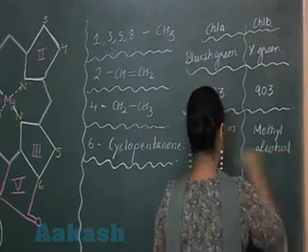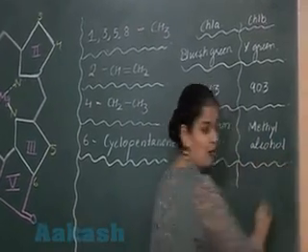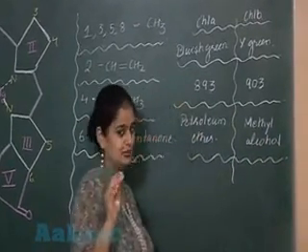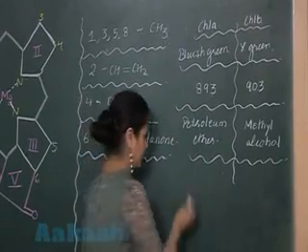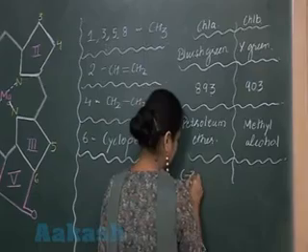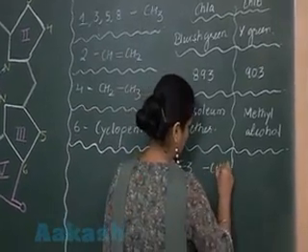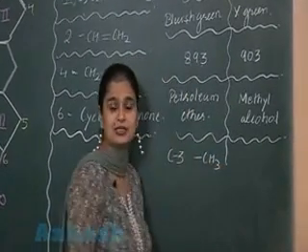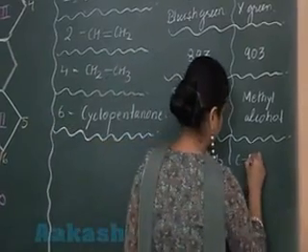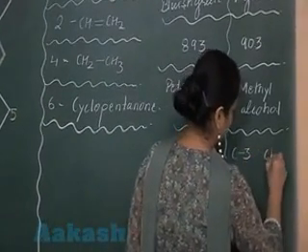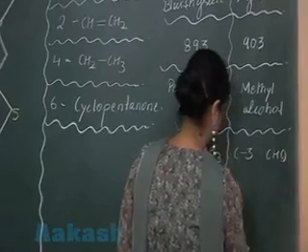Now the structure of chlorophyll A and B is almost the same. That is, there is presence of a tadpole-like structure. But in chlorophyll A, at carbon number 3, there is presence of a methyl group, that is CH3, but in chlorophyll B at the 3rd position there is presence of a CHO group.